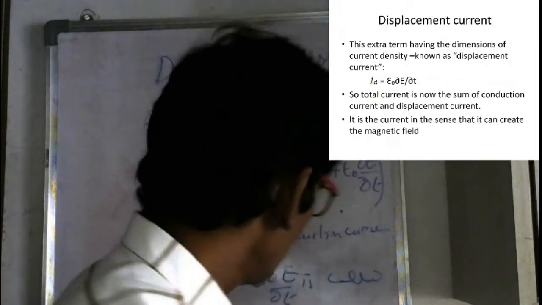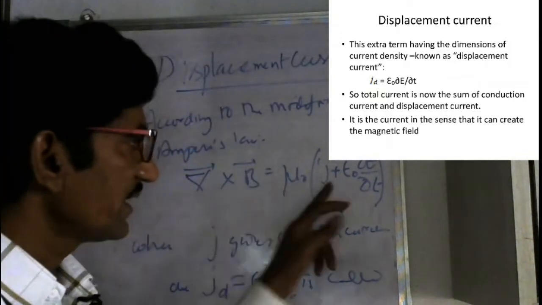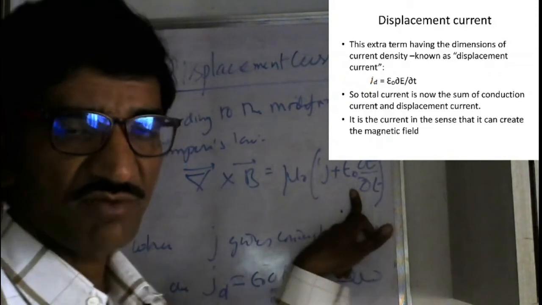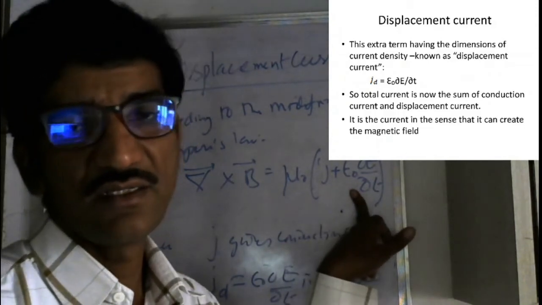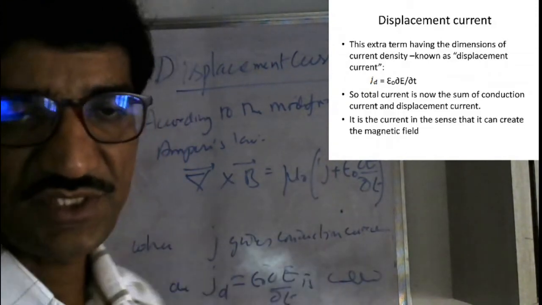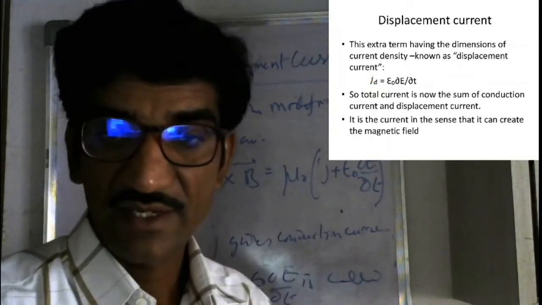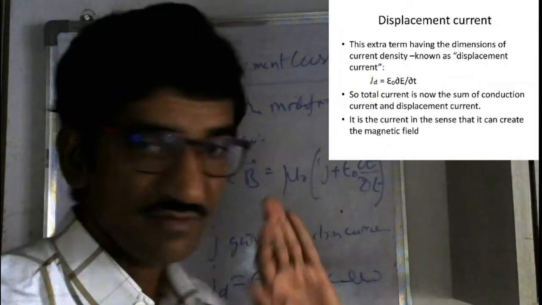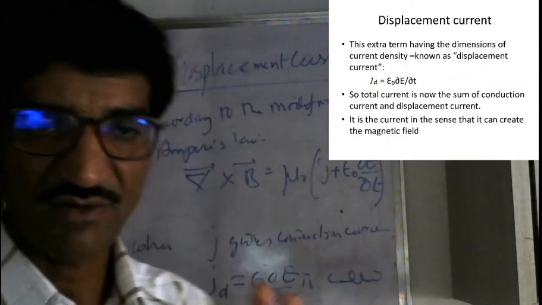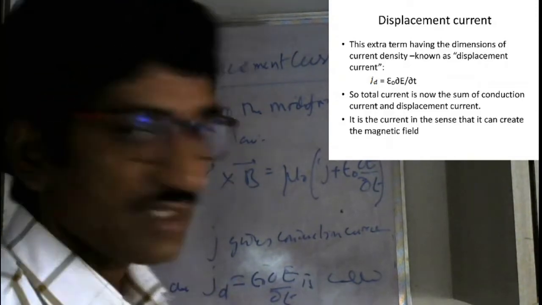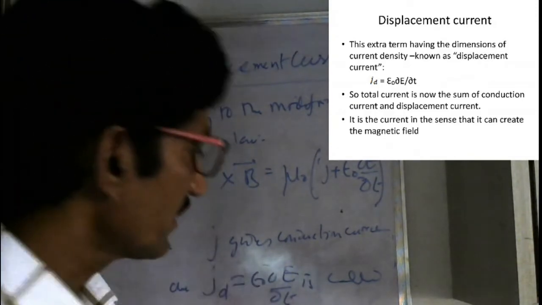Okay, right. So here the second term on the right hand side of the modified Ampere's law is also a current, having the dimensions of current only, similar to the J. That's why we call this second term a different current, which we will call the displacement current. Okay, right.